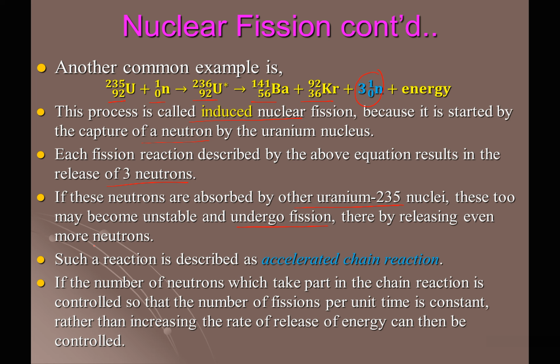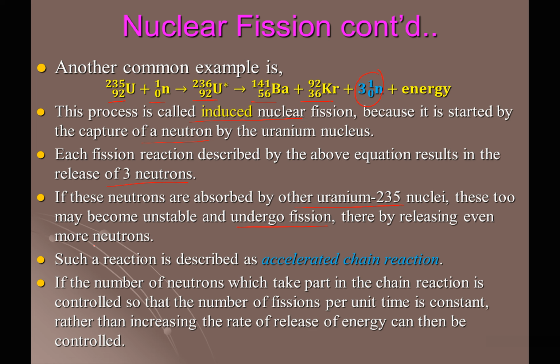So energy is emitted plus 3 neutrons. It means now we have 3 neutrons available to trigger 3 other uranium nuclei in the sample, which will automatically result in 9 neutrons available to trigger 9 uranium nuclei, which means the number of uranium nuclei triggered will go on increasing.